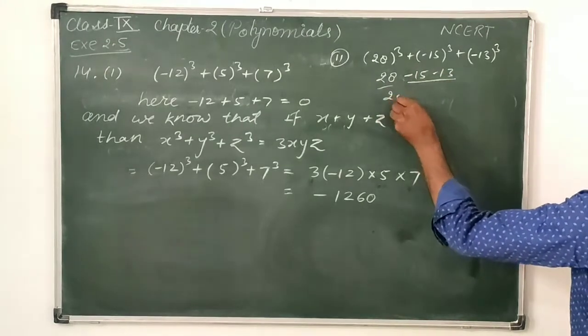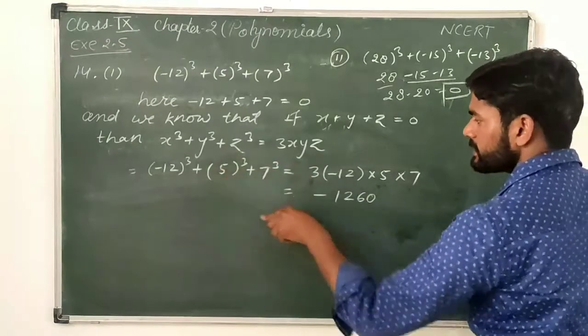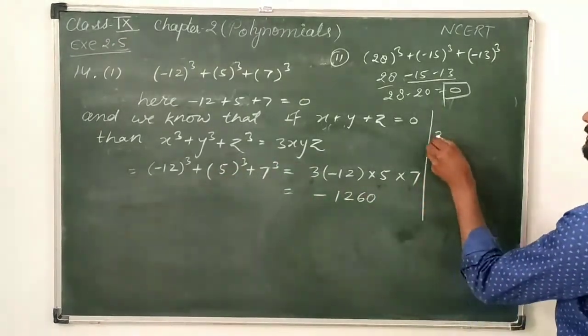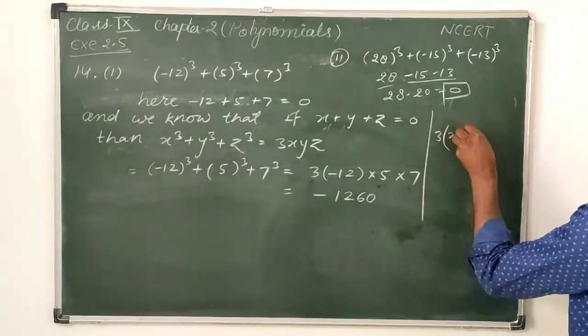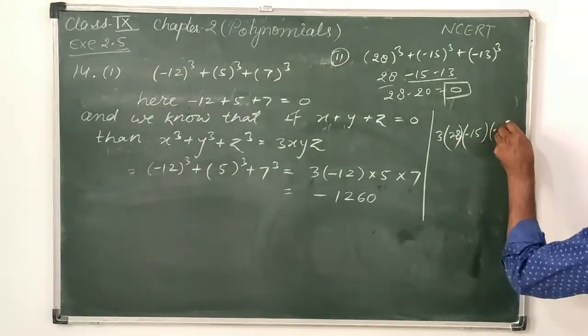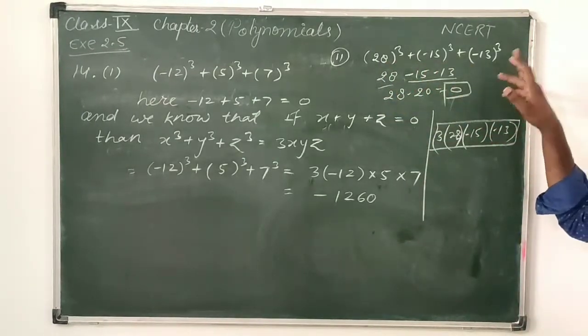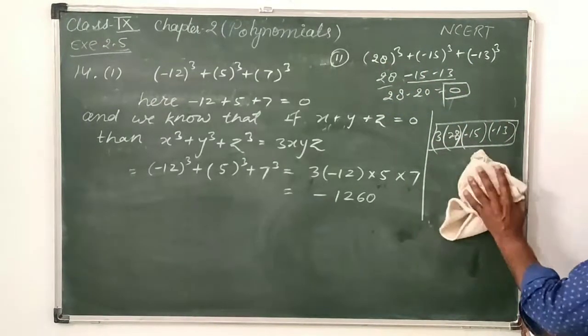This is 28 minus 28, which is equal to 0. So we will use again the same identity, and its answer will be 3 into 28 into minus 15 into minus 13. Multiply all this, you will get the answer. Okay. Next, question number 15.